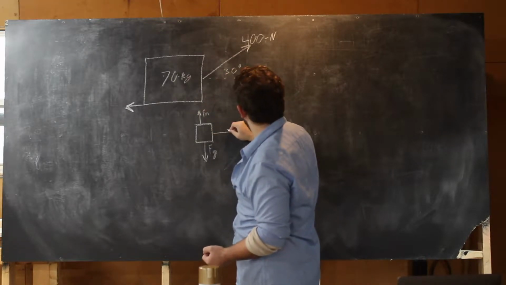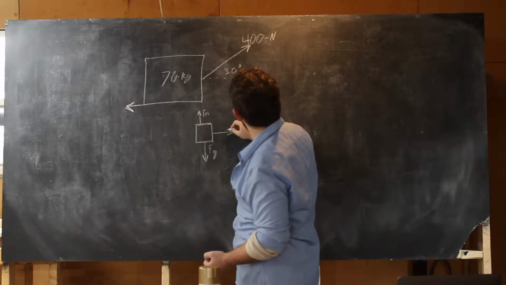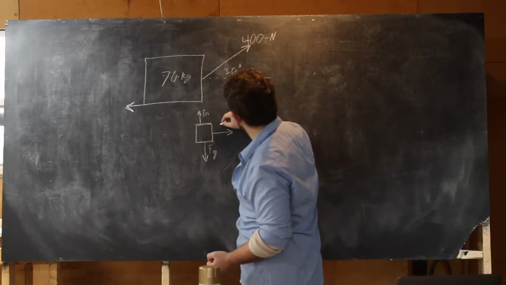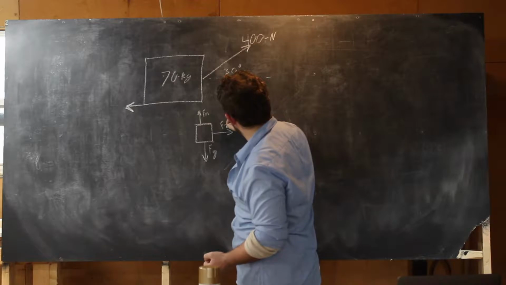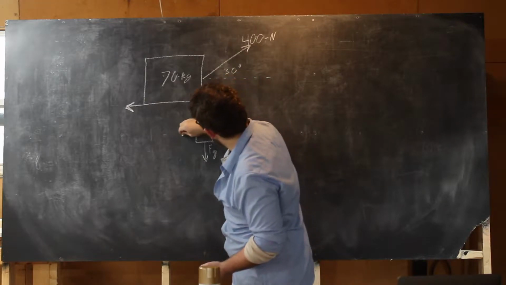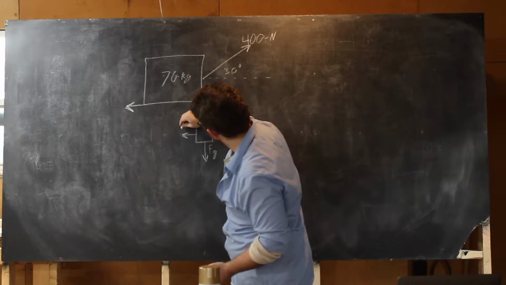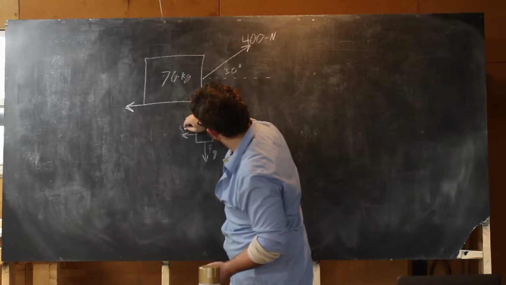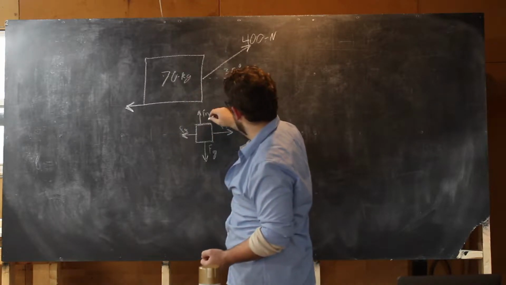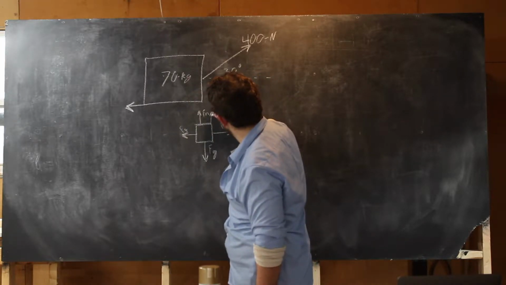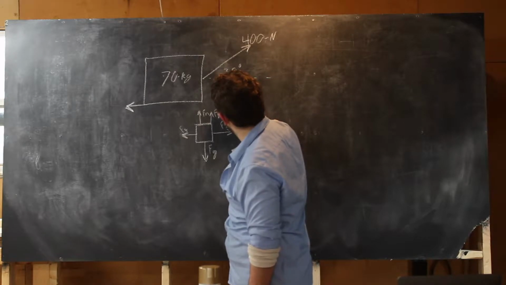I have a force pulling this way, which is going to be the x component, Fx. I have a frictional component, F of friction. And then I have another component on top that's going to be the Fy.